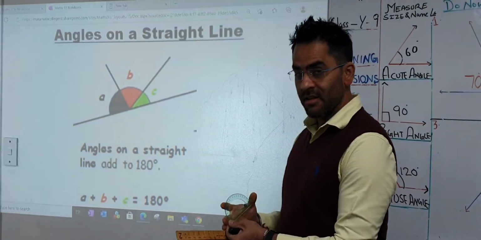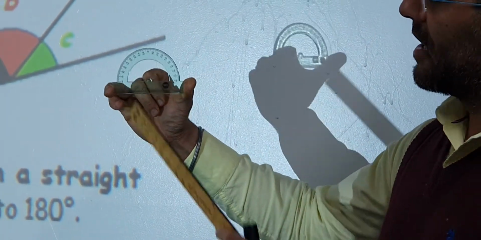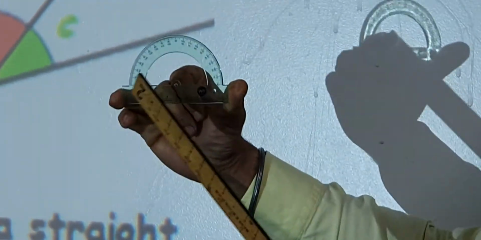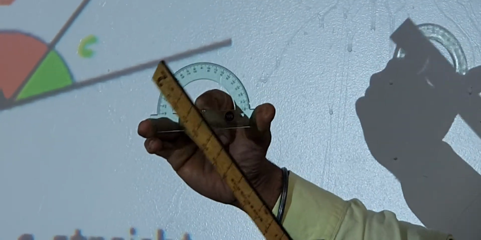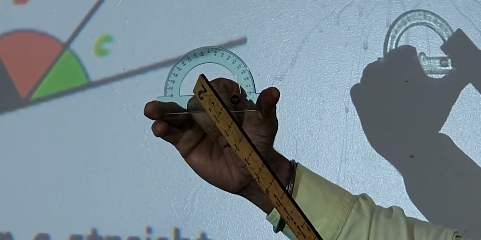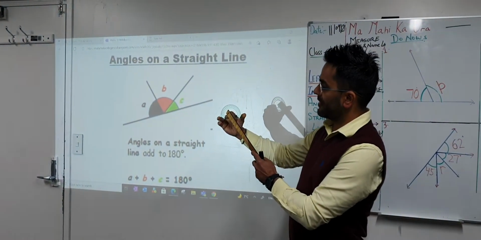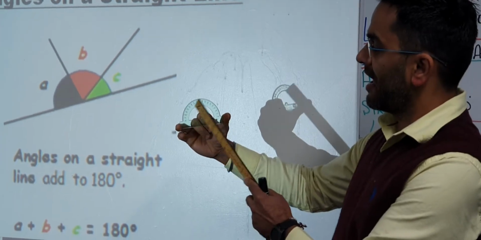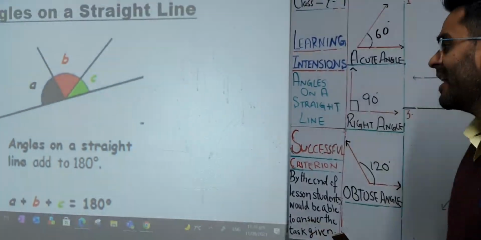You see there is a protractor in my hand, and you see the numbers on both sides, left and right, 0 and 180. And this is half of a circle as well. So when you measure the angles on a protractor and on a line, that means these angles add up to 180.